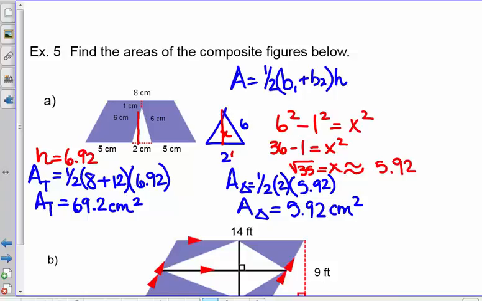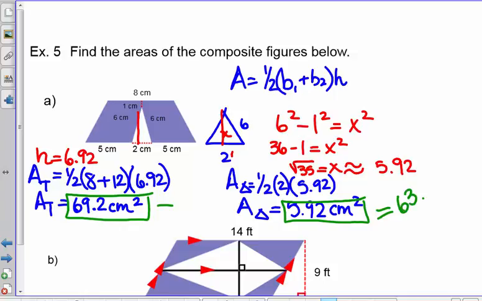And I'm just going to subtract the two values. 69.2 minus 5.92. So the area of my composite figure is 63.28 centimeters squared.